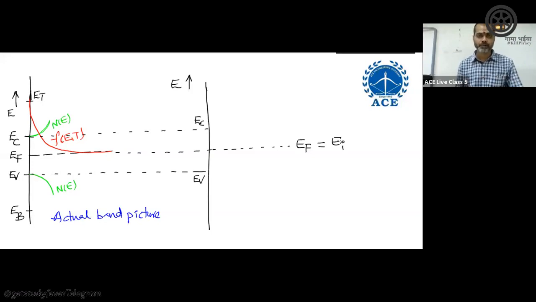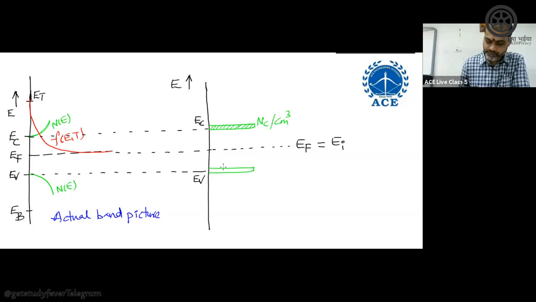Now to draw the effective band picture, what we have at EC, N of E, we have replaced with NC. It's a delta function. So NC per centimeter cube. And similarly at EV, N of E has been replaced with NV, the effective density of states at the edge of the valence band, like this.